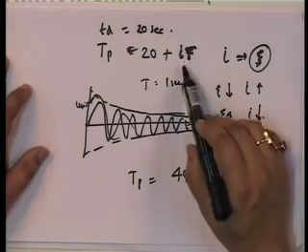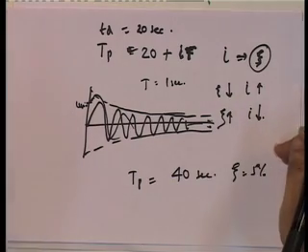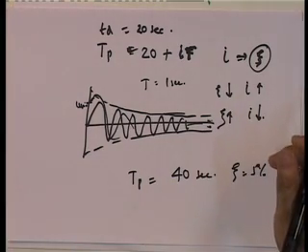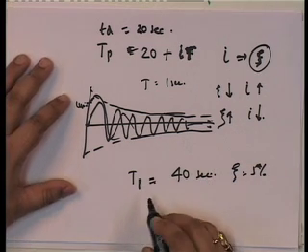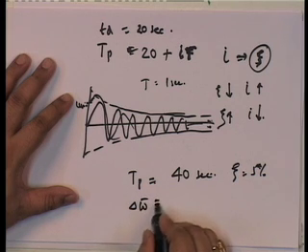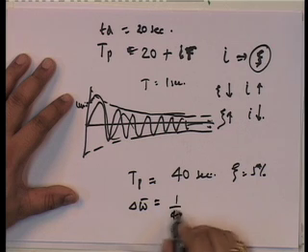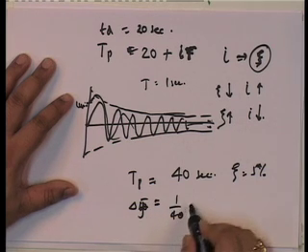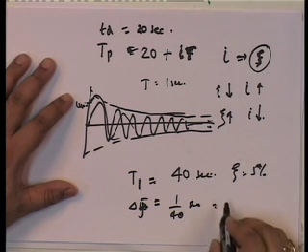Why? Because 20 cycles at 5% brings it down to a sufficiently small value such that errors are not introduced. So, if Tp is 40 seconds, then automatically delta f bar is equal to 1 over 40 seconds, which is equal to what?